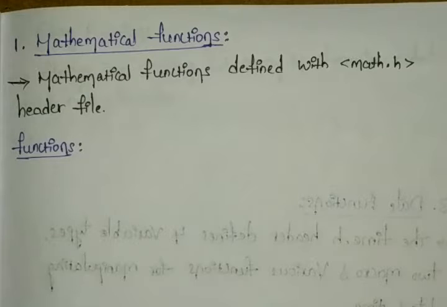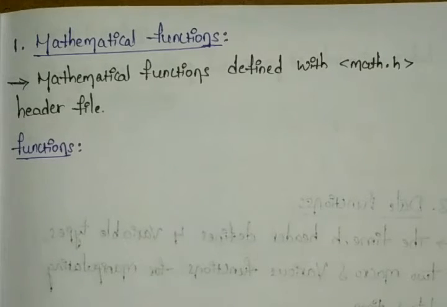But whenever you are finding the area of circles or rectangles, at that time it is difficult to write the program with our stdio and conio. So for that case we write one header file, that is math.h. By using the mathematical functions we can perform some mathematical operations. Those can be used through our header file math.h.